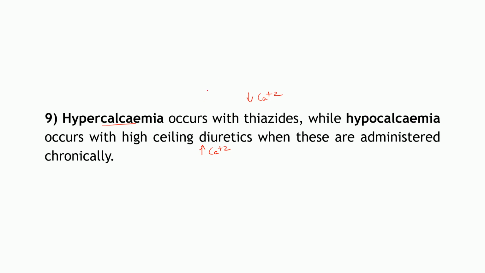Since Thiazides decrease the calcium excretion, obviously it will precipitate hypercalcemia, that is increase in the calcium levels in the blood. Whereas high ceiling diuretics increase the calcium excretion, so obviously they will result in hypocalcemia, that is decrease in the calcium levels.